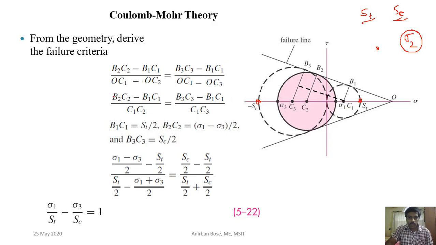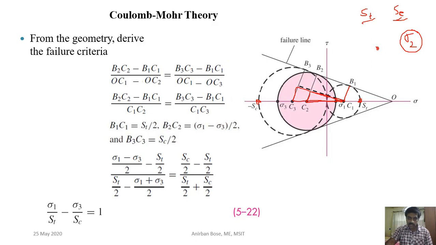So what has been done here is that these lines are drawn. Here you can see C3B3 and C2B2 drawn, and you just consider this triangle. Now consider this big triangle and this small triangle.